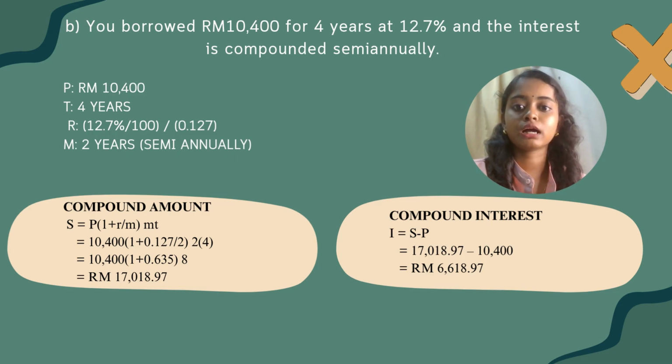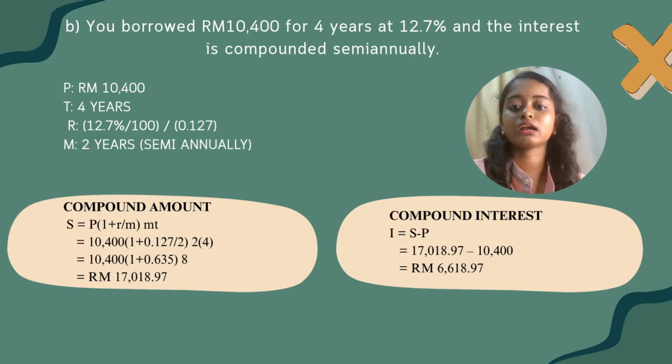B. You borrowed RM 10,400 for 4 years at 12.7% and the interest is compounded semi-annually. Compound amount S equals P times (1 plus R divided by M) to the power MT. So you substitute the amounts given in the question.